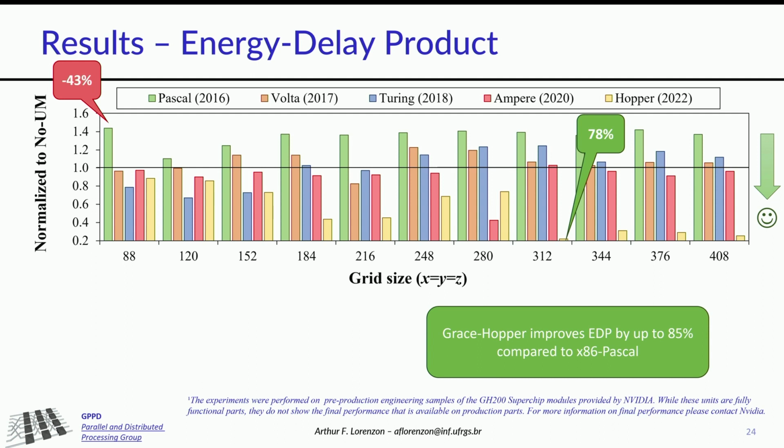So when we compare the best result achieved by Grace Hopper to the worst result achieved by Pascal, we can improve the EDP by up to 85% across the generations, from the unified memory on Pascal to the unified memory on Grace Hopper.